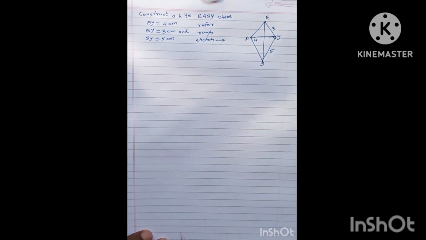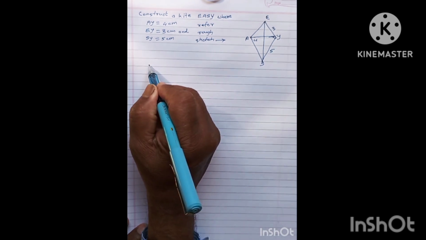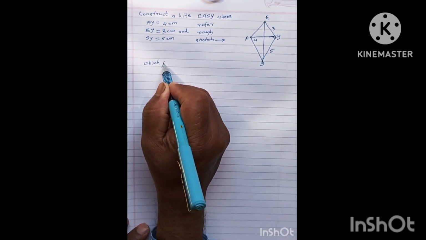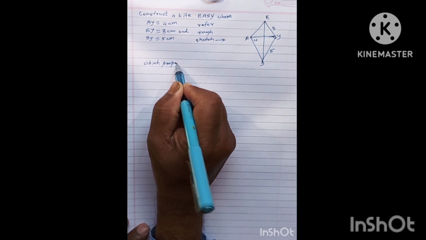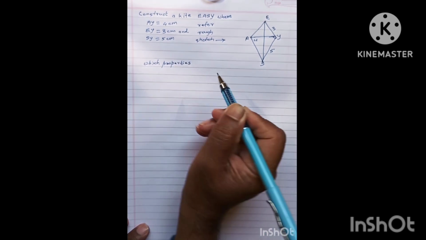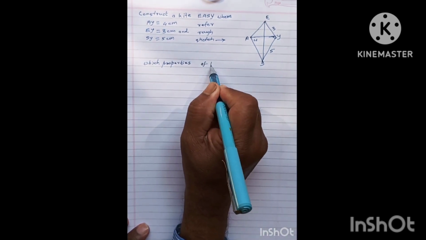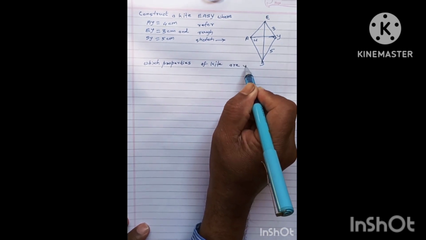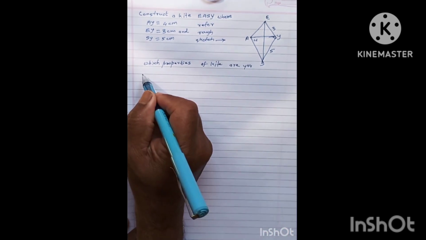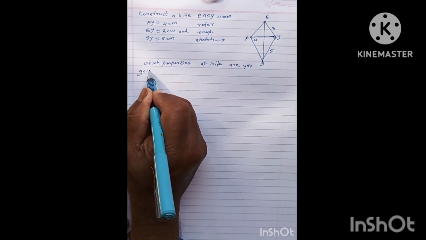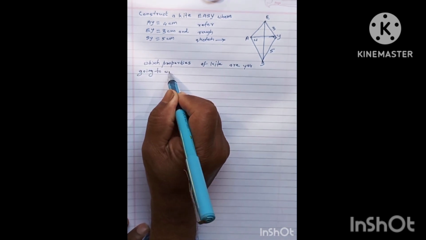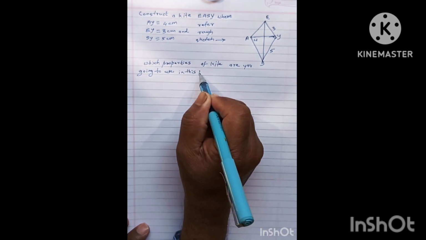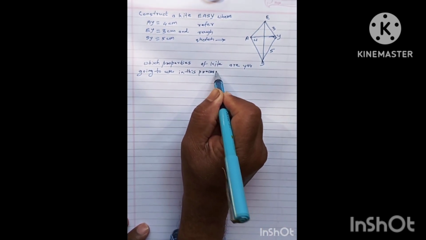Now there is a part of the question asked in writing: which property of kite you will be using to construct this kite. So see what is given; which property of kite are you going to use in this construction?